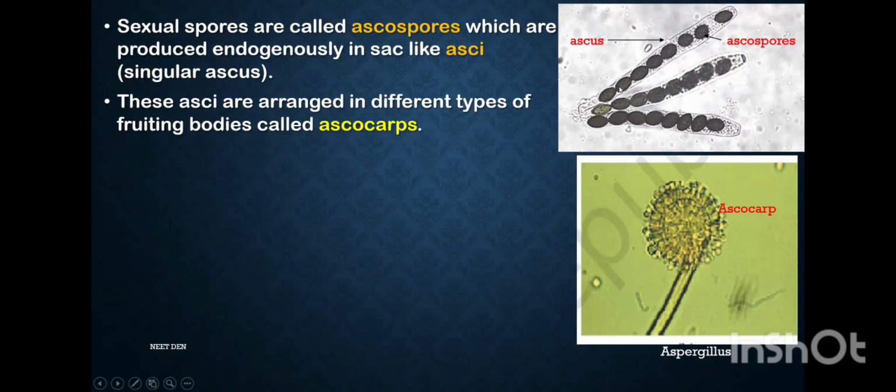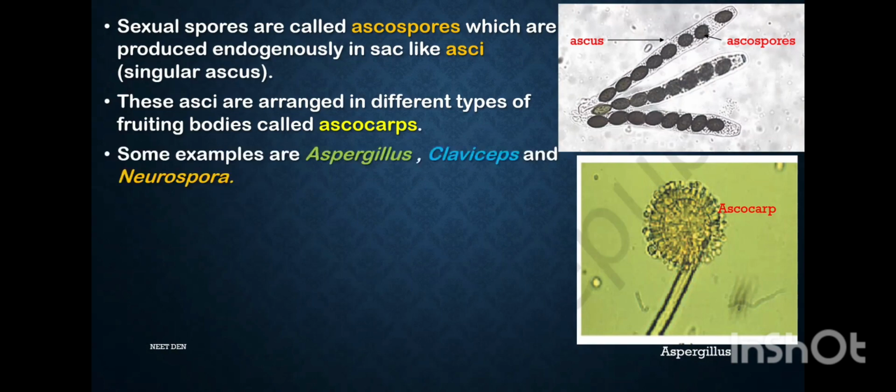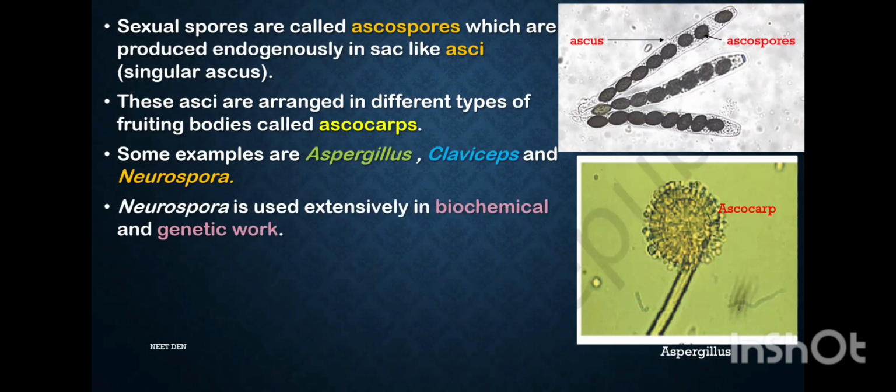So the fruiting body of Ascomycetes is called ascocarps. It is from these ascospores that the haploid spores will be released. Some of the examples are Aspergillus, Claviceps, and Neurospora. This Neurospora is very extensively used for experimental purposes, for biochemical as well as genetic work.